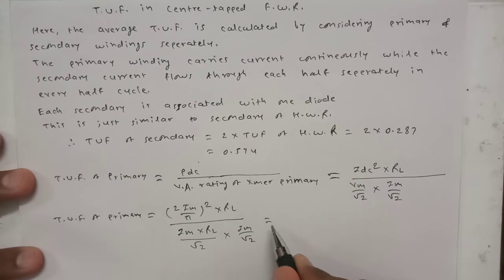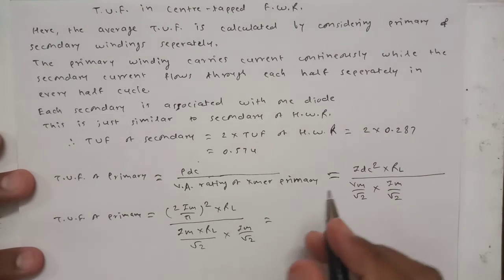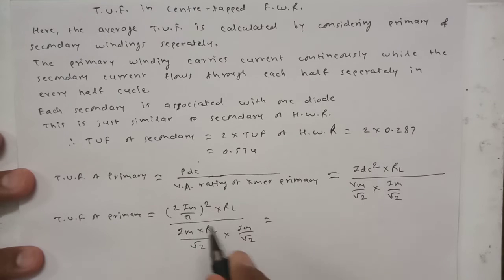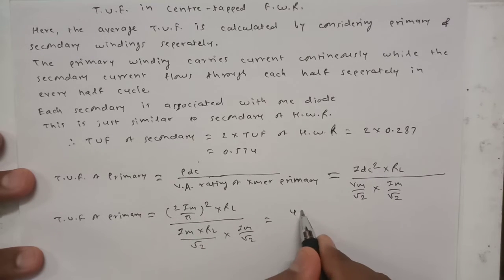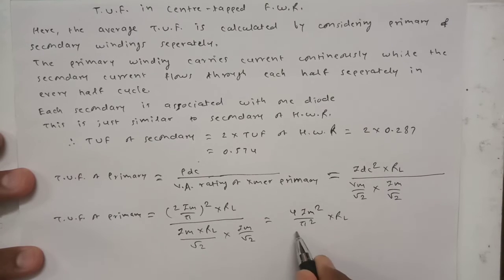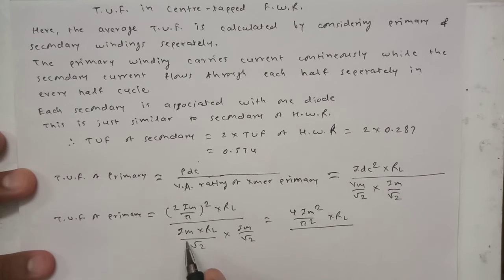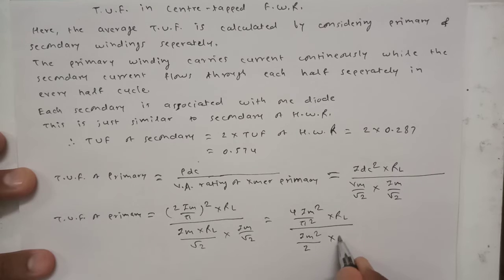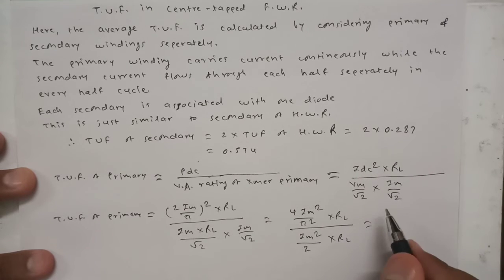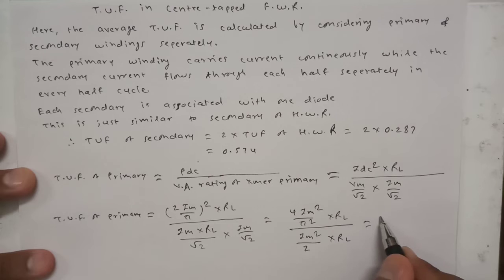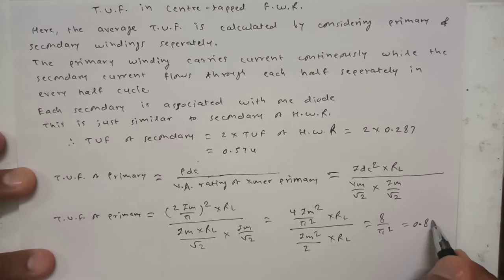This is not a big thing to solve. 2 squared is 4, then Im square divided by pi square multiplied by RL, divided by Im, so again it is Im square, under root 2 it is 2, and what remains is RL. So after solving this, finally what I will get is 8 by pi square. Further solving this, it comes to be 0.812.